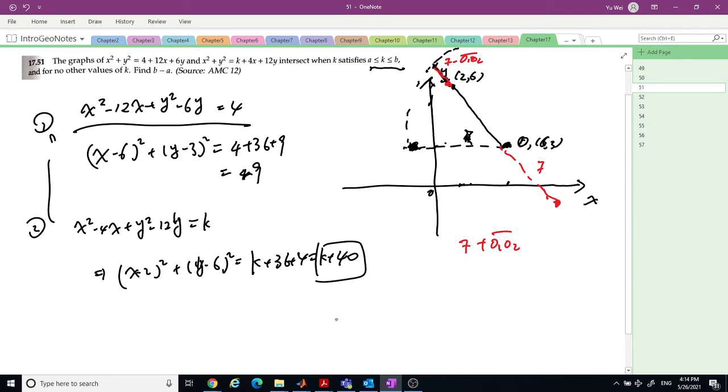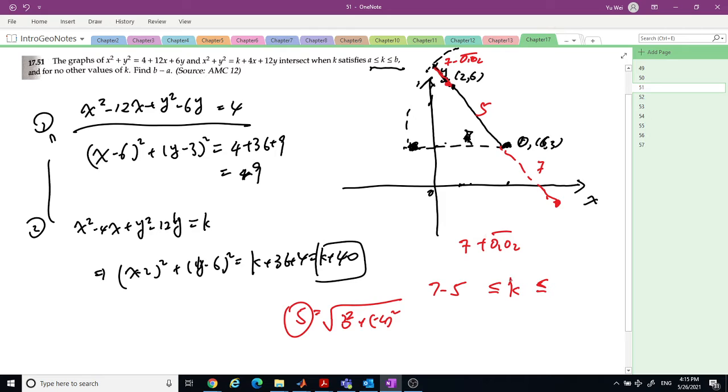That's very simple, right? That is 6 minus 3 is 3, squared, plus 2 minus 6, which is negative 4, squared. So that's why this is 5. So O1O2 is 5. So we know the k should be at least greater than 7 minus 5, and also... Oh no, not the k.